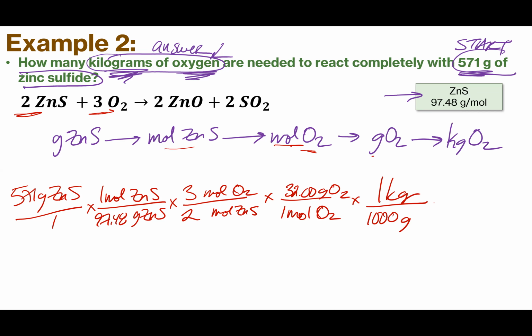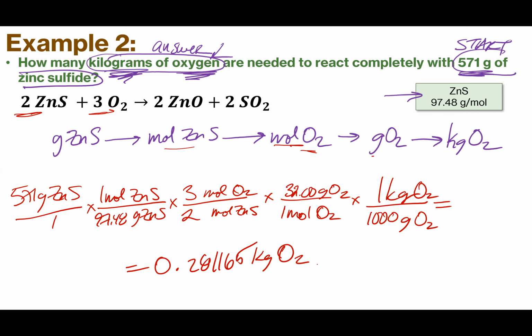Don't get that backwards. We can put O2 here if we want to. You don't have to on that step, but the rest of it you do. Units, formulas, everywhere. We got it. I'm running out of room, so I'm going to come over here and say this is 0.281165 kilograms of oxygen.